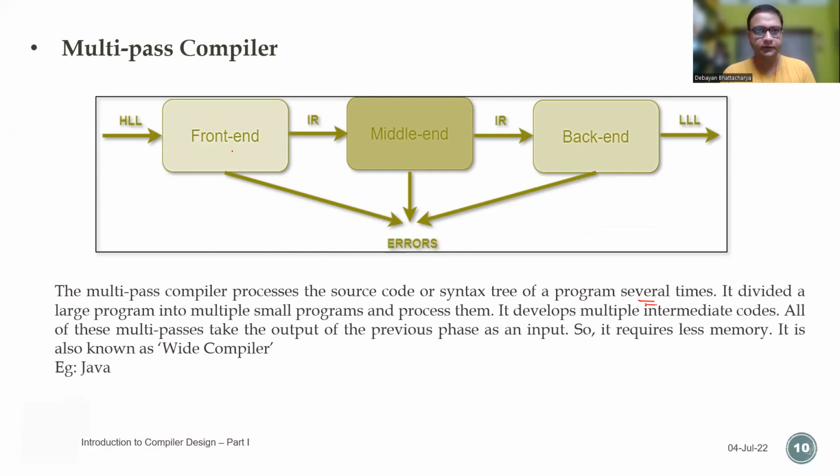The multi-pass compiler has several tiers: the first is called the front end, the middle one is called the middle end, and the last one is called the back end.